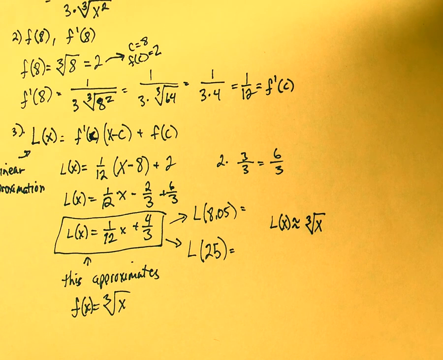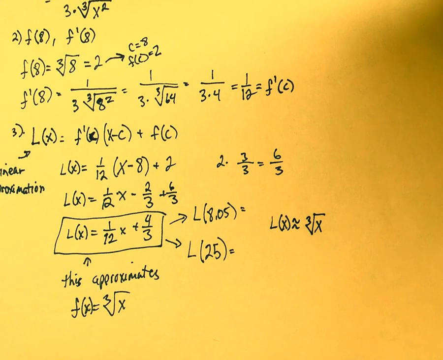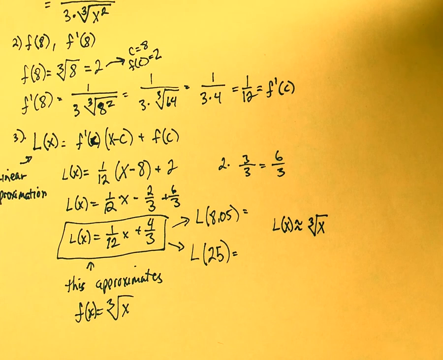So we need to put it in a calculator. 1/12 times 8.05 plus 4/3.